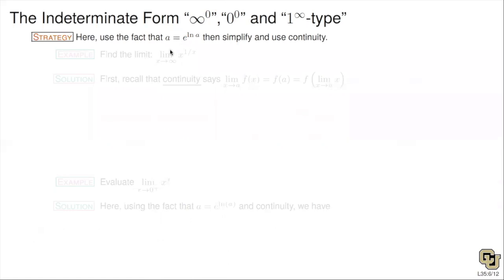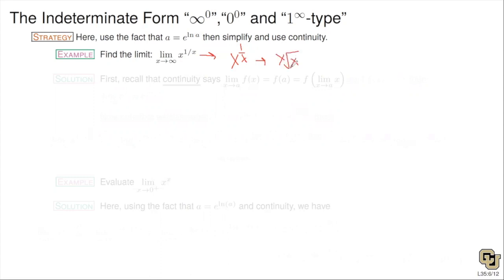Okay, so let's try a problem. Here I have the limit of x raised to the 1 over x as x goes to infinity. First, just get used to what we're looking at here. This is the variable x raised to a function of x, which is 1 over x. Another way to think about this is the xth root of x.